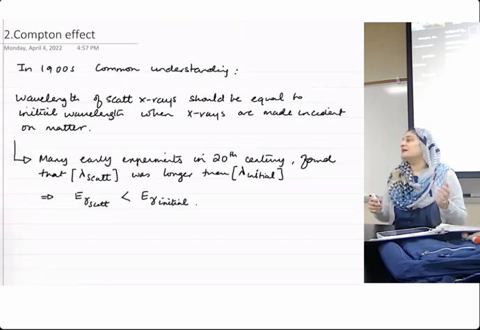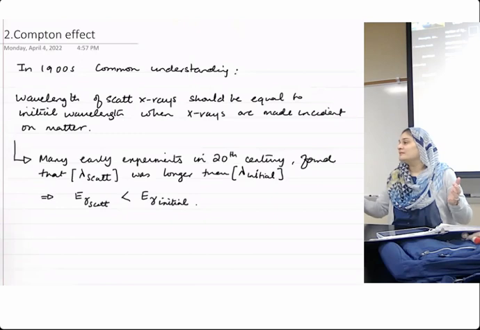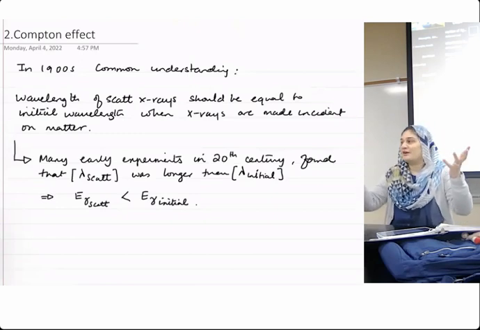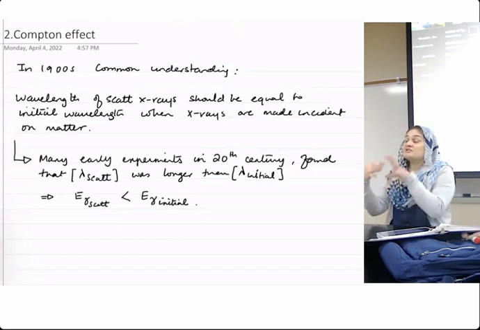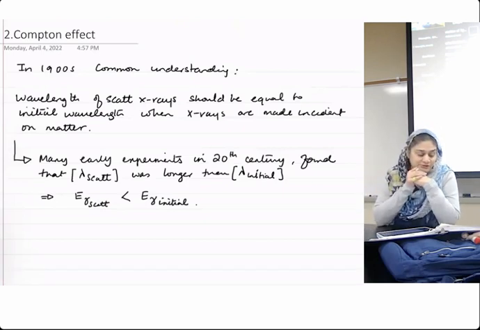So extreme case, a blue going in was turning into a red light coming out. Of course, that's an extreme scenario, right? That won't happen. But the wavelength that was going in was different than the wavelength that was coming out.